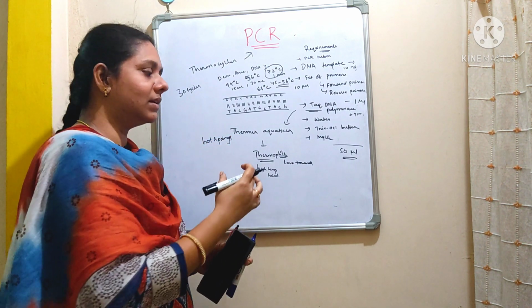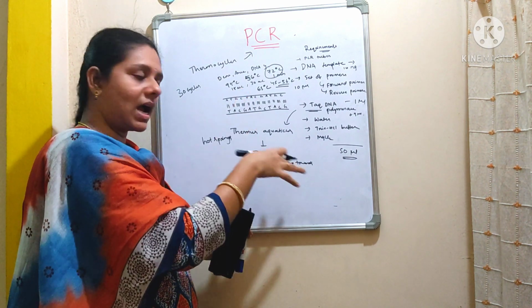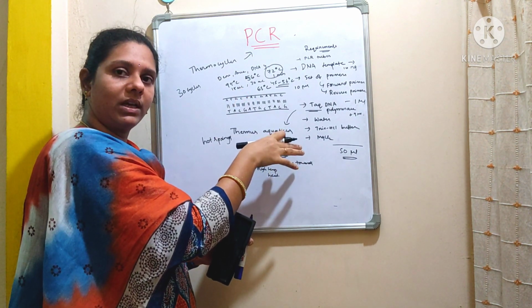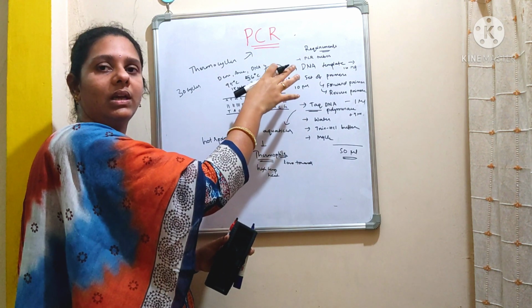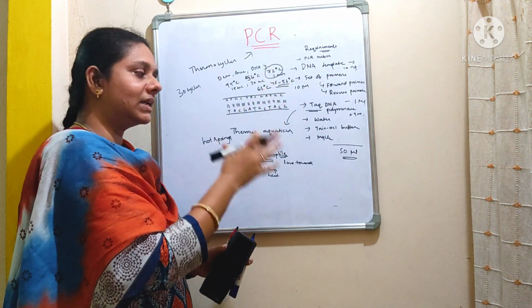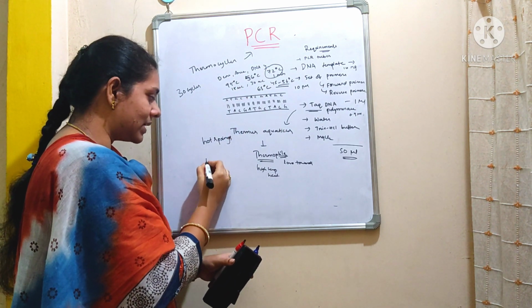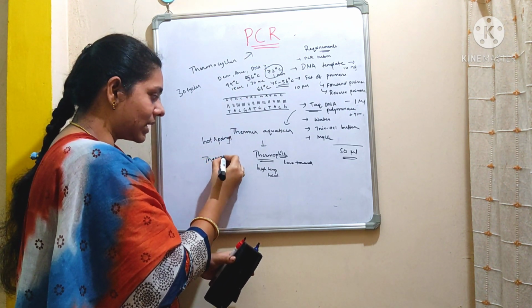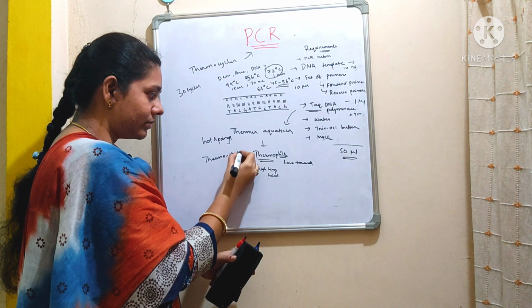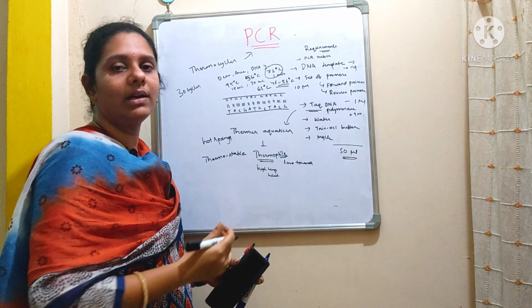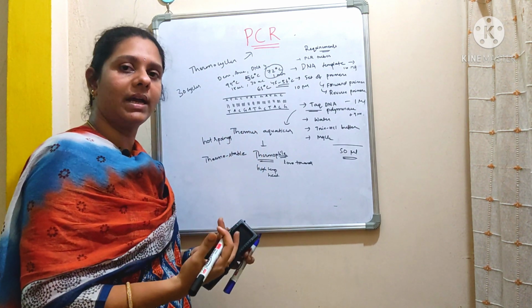That is the reason the enzyme isolated from Thermus aquaticus is used for PCR, because it can withstand high temperature. So simply we call that enzyme thermostable, because the organism is a thermophile which can resist high temperatures.